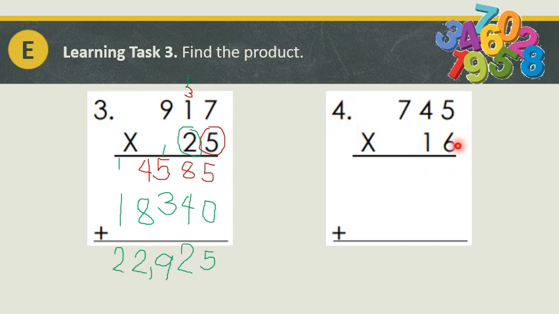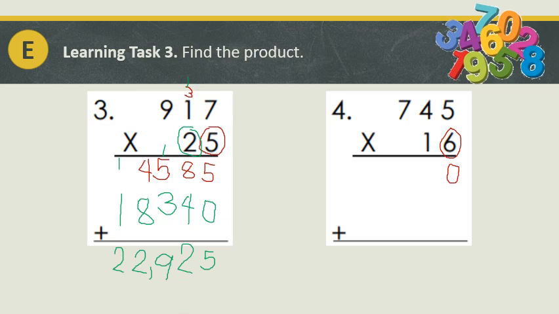Then, for the number 4, ganun ulit tayo. Sa 16 muna tayo. Kunin muna natin yung ones place, which is yung 6. Dito muna tayo mag-multiply sa 745. Mag-start tayo doon sa nasa kanan, yung ones place natin. So, 6 times 5 is 30.